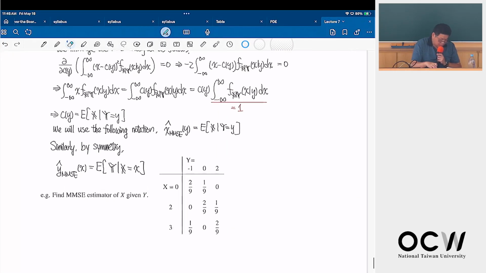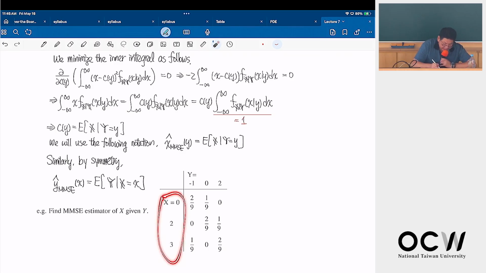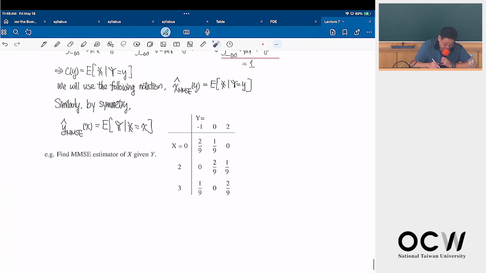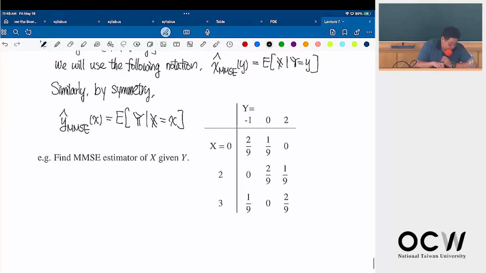So now let's see an example so that you will understand this concept. I want to find the minimum mean square error estimator of X given Y, and here is my joint PMF. First we can plot the marginal PMF of X and the marginal PMF of Y. What is the marginal PMF of X?